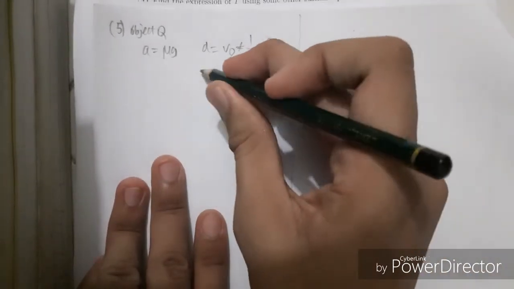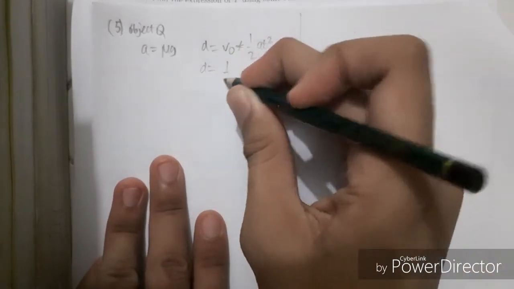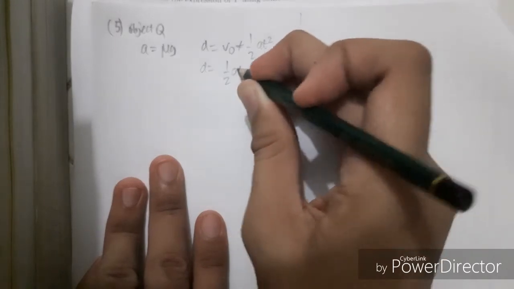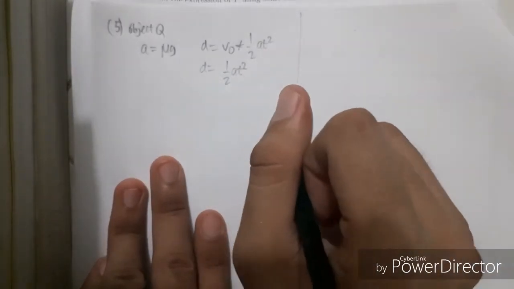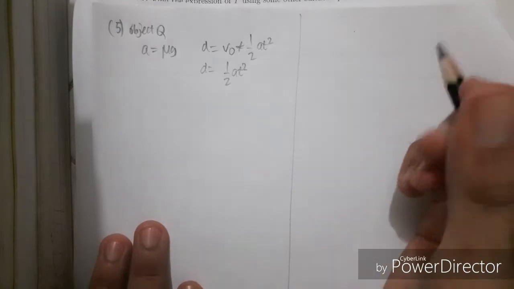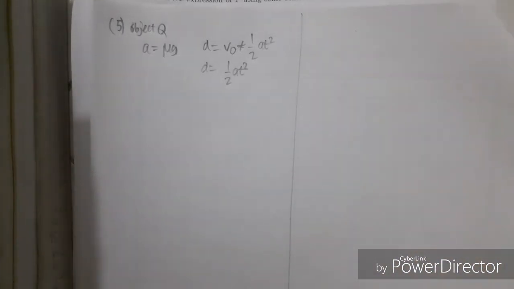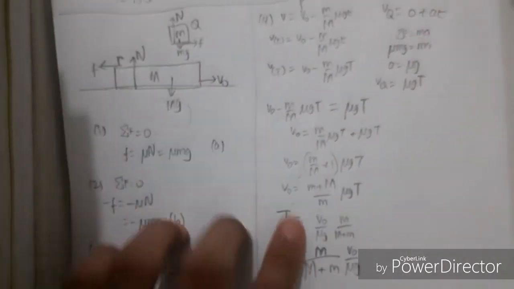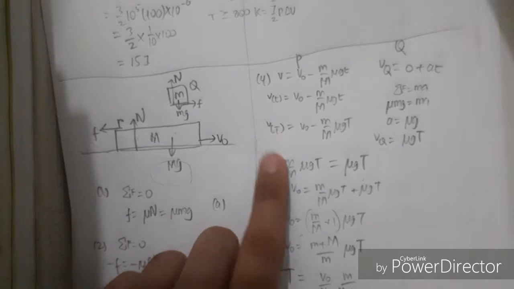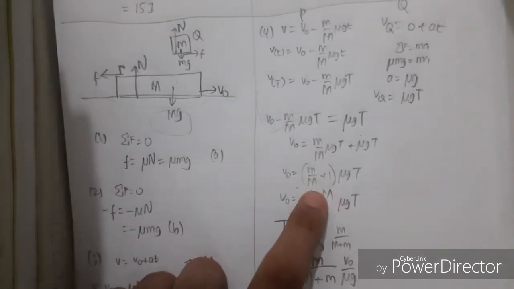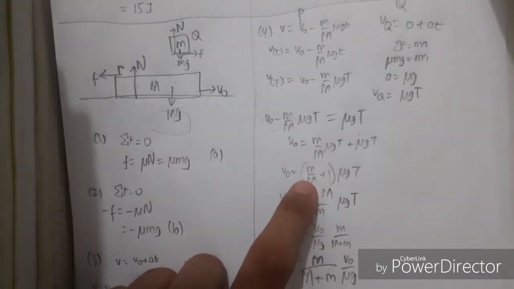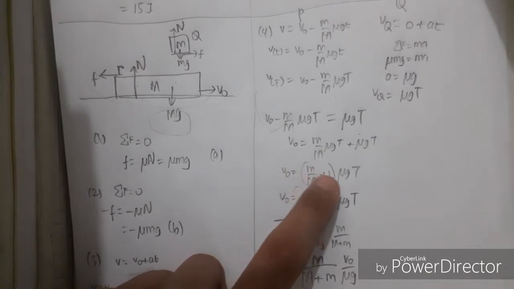I'm sorry, this is plus, so D equals half AT squared. Now, from the fourth number, if we look at the previous number before, we know that A is this, m over m plus 1 mu g, because we have found it before.